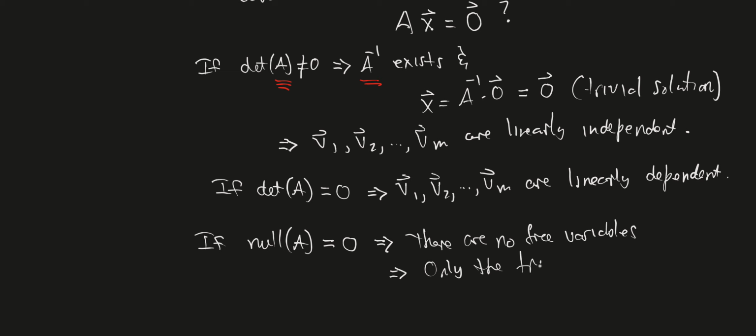Which implies further only the trivial solution. Therefore, the vectors are linearly independent. So v1, v2, ..., vm are linearly independent.